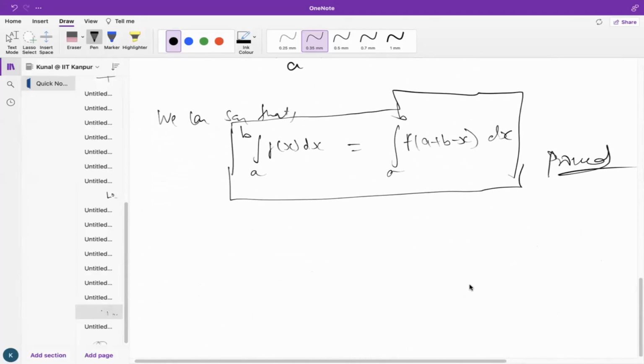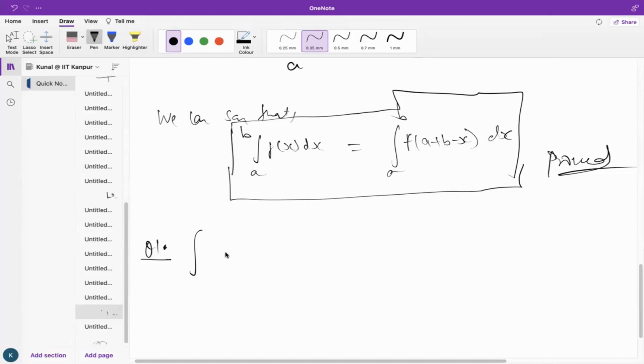So let's move on, and this is our question number 1. Now I have taught you the King's rule, and you have to learn how to implement it in a given integrand. So let's take an integrand.